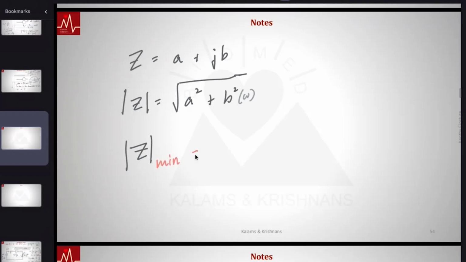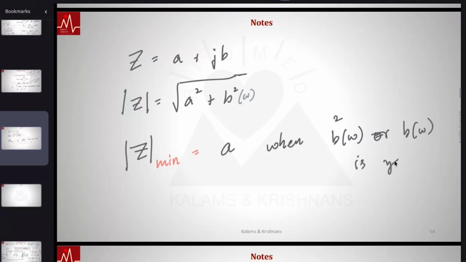You get the minimum when B square of omega is 0. That happens to be A when this function is 0. B of omega is 0, that is, the imaginary part is 0.